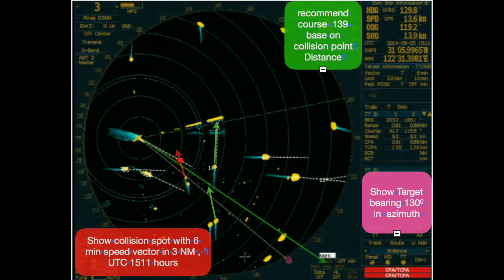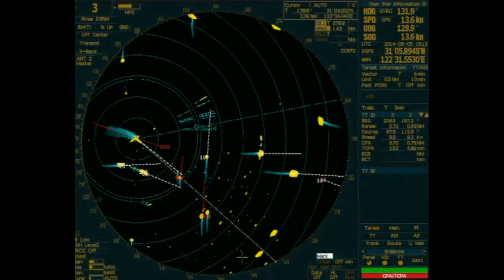If the captain knows how to do radar cycling, maybe the captain can buy more time, or just stop the engine at this time and apply full rudder to each side to reduce ship speed.